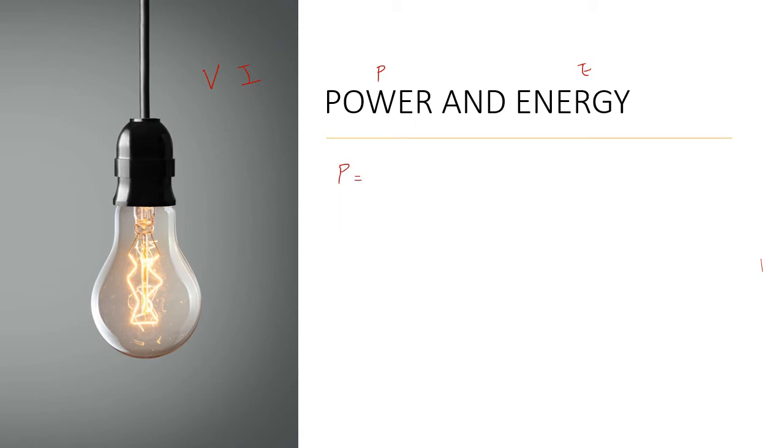So power is basically the amount of energy that is used by the electrical elements. It is the rate of consumption of energy, or rate of dissipation of energy, by the electrical components. Without changing the definition of power, we can rewrite this equation as dE by dQ into dQ by dt.